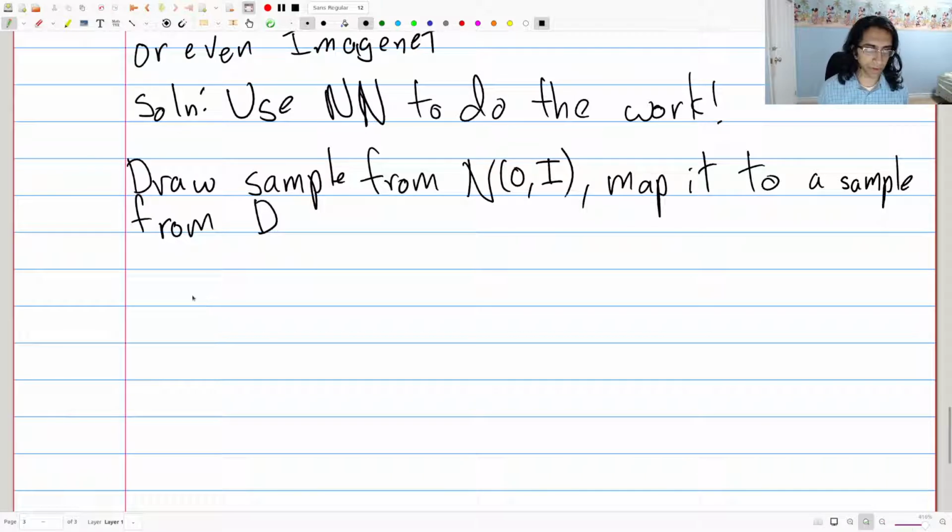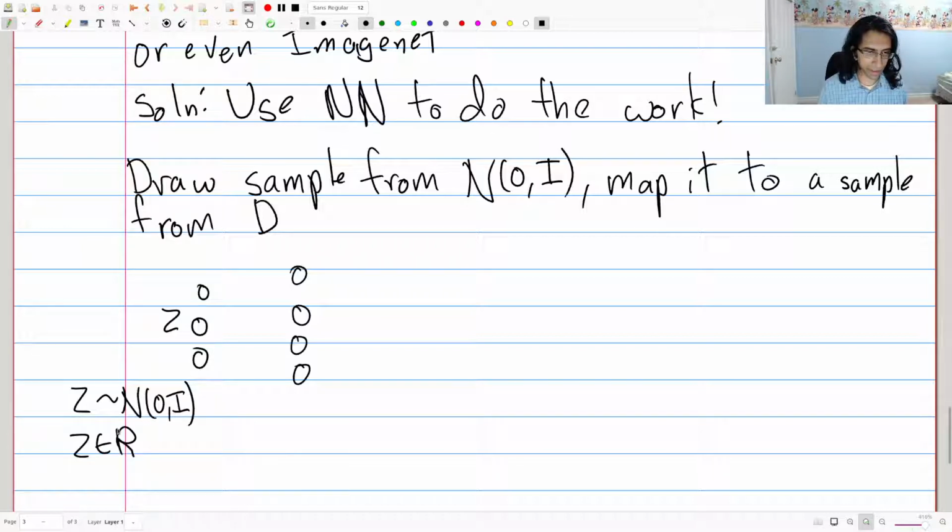Let's try to draw a caricature of what I mean by this. This is just a silly drawing of what it might look like. Here we have, say, Z, where Z is drawn according to N(0, I), and Z is in R^M, where M is relatively lower dimensional.